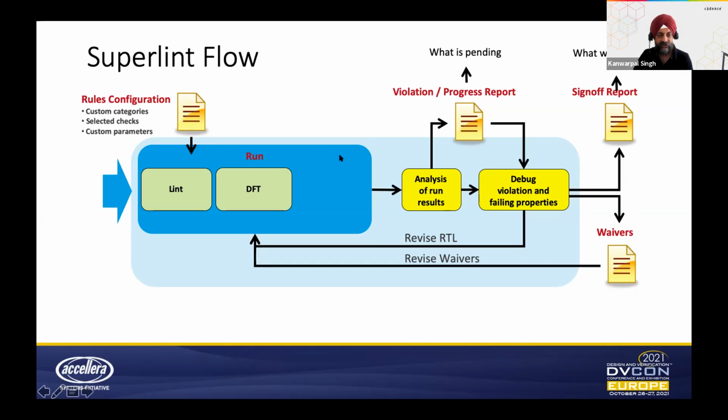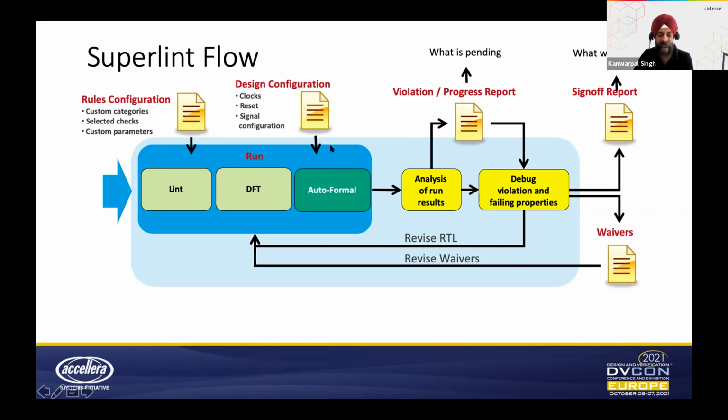Now the augmented checking here, which is the autoformal, nicely fits into the flow because it's the same infrastructure in terms of rule configuration, which comes from the same rule file. You might need some kind of design configuration, not too much, in terms of clocks, reset, some signal configuration.